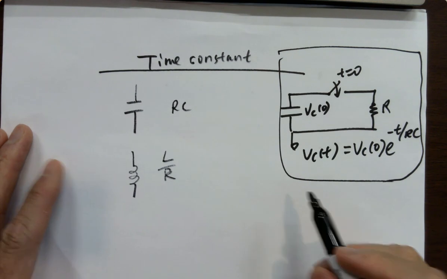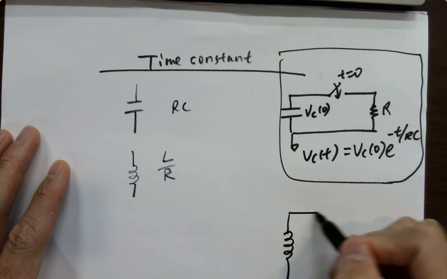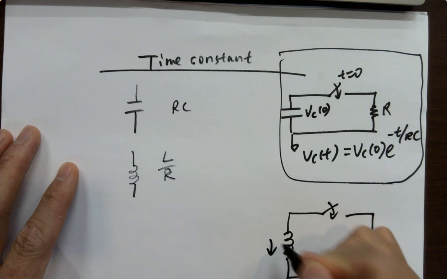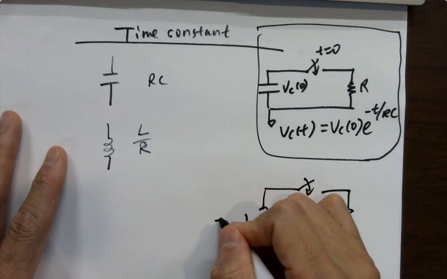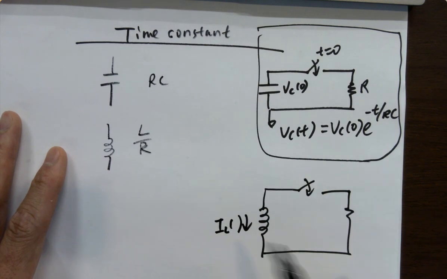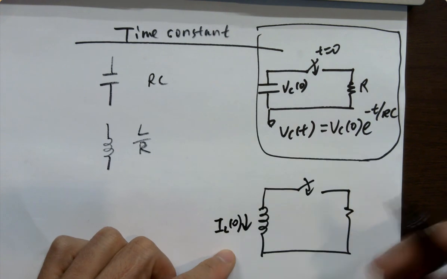All right? Same for inductors. What about inductors? You close the switch, you discharge it. There was an initial current in it. It's IL0, the initial current, that's the naming convention, right?